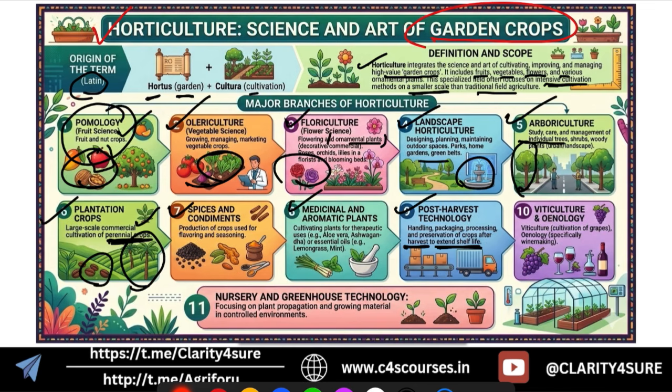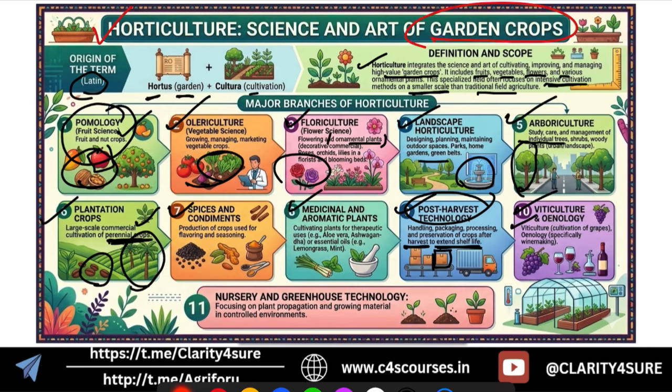If they are not handled properly, they are going to rot and will not be fit for consumption, or for export and sale in the market. That's why we sort them, we package them, and we use different processing methods, and they are preserved for a longer period due to all this post harvest technology, right?